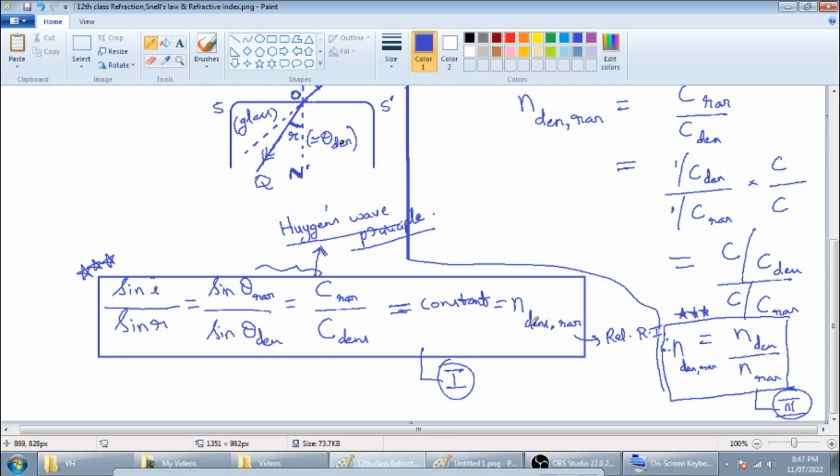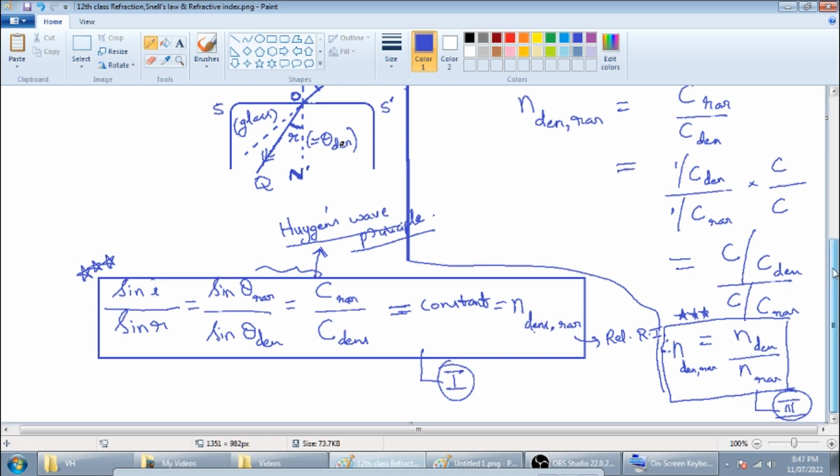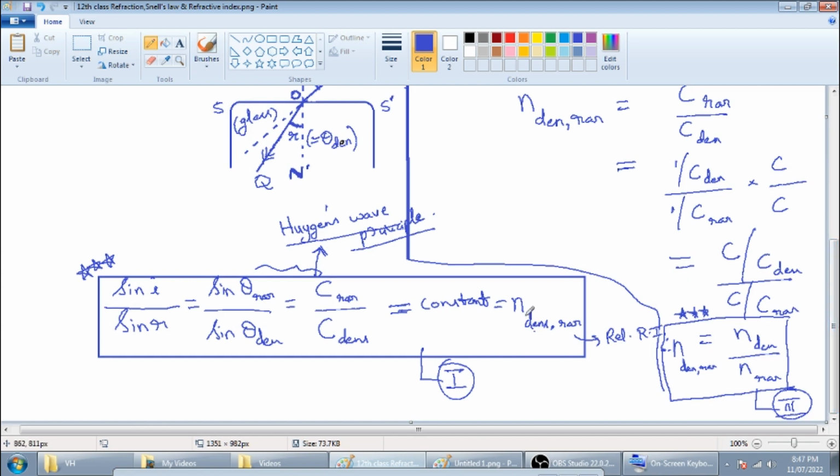That way, the refractive index of the rarer medium with respect to denser has also been defined, but that is found to be less useful. Now, one very important thing, just observe here: the refractive index of a denser with respect to a rarer medium is what? In terms of angles, rarer by denser. In terms of velocity of light, it is rarer by denser.